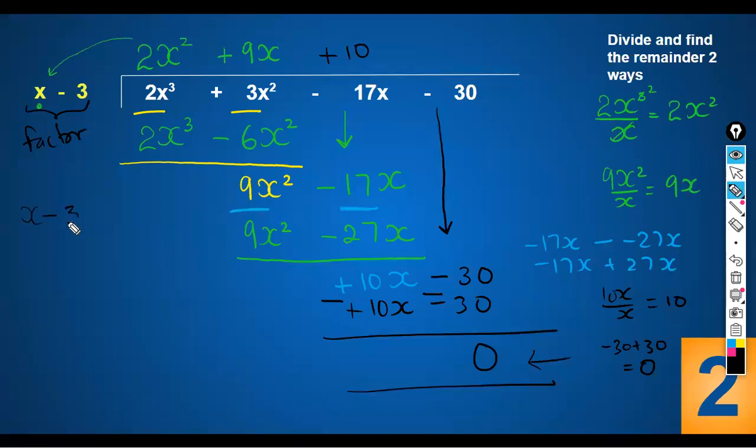Take what you are dividing by, which is x minus 3. You put 0. Solve for x. Throw across -3, you'll get +3. Go and replace all the x's here with +3. So you have 2.